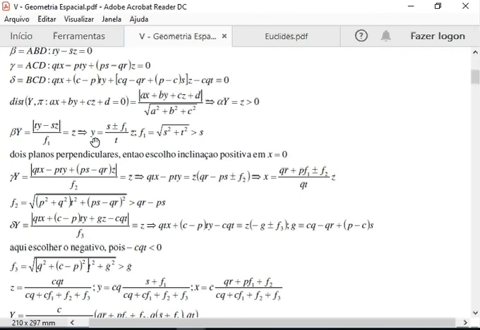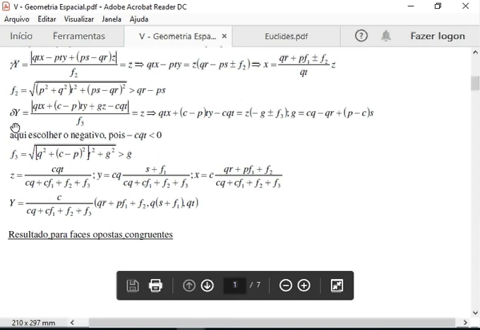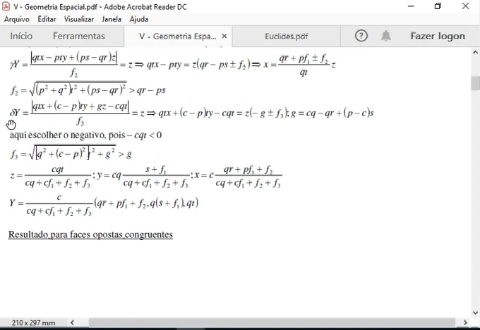We have to use Y here. So we have QTX here, and we have PSZ here, and F1Z here times P. For delta, using the formula, the distance from a point to a plane is the absolute value of this thing over F3.